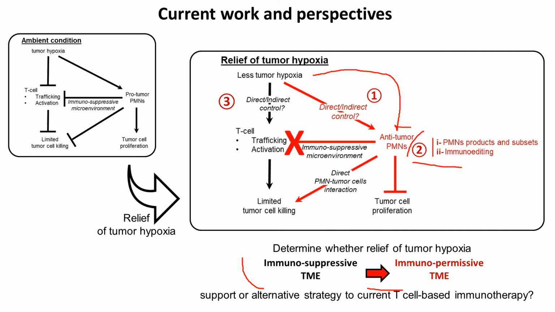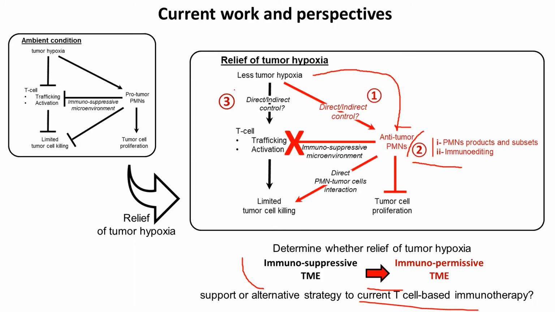More importantly, our question is to see whether relieving tumor hypoxia, with the use of respiratory hyperoxia or through the use of hypoxia-targeted small molecules, is enough by itself, or can be used as an alternative strategy to the current T-cell-based immunotherapy.